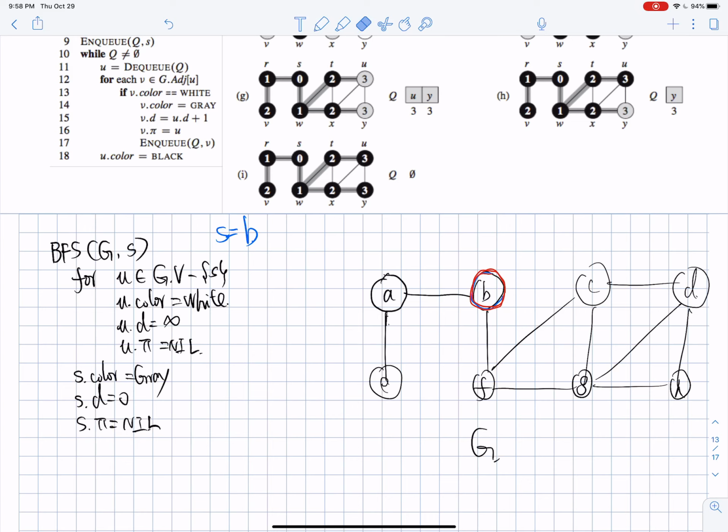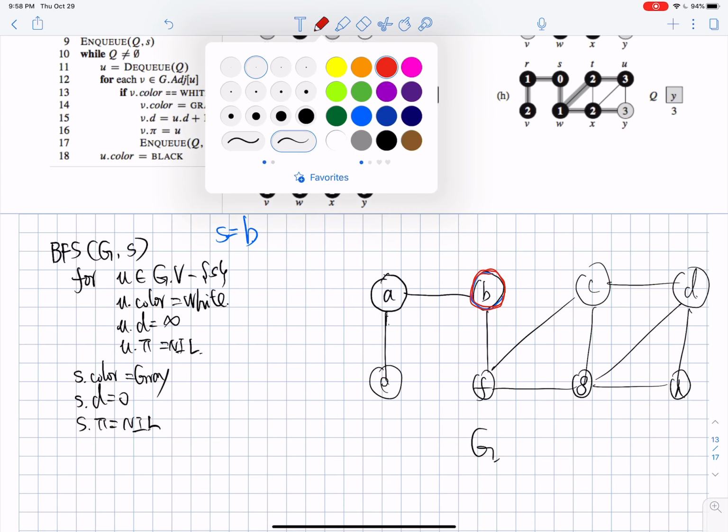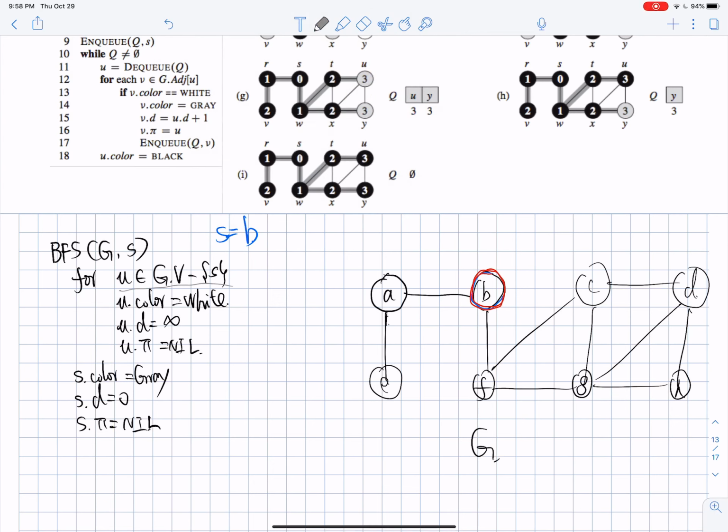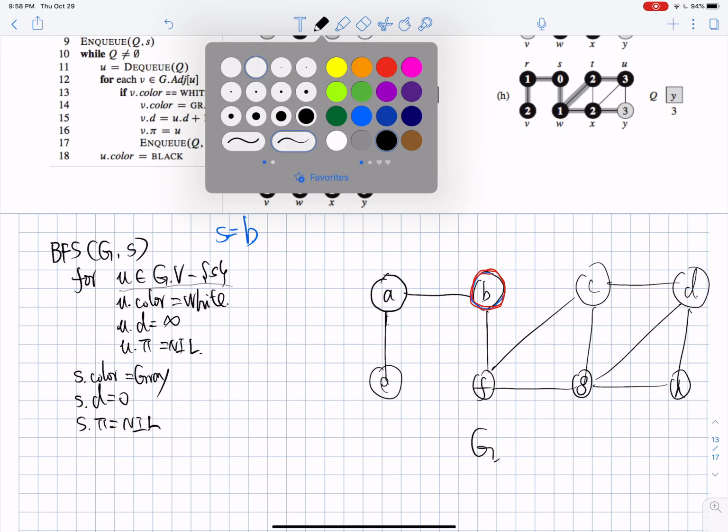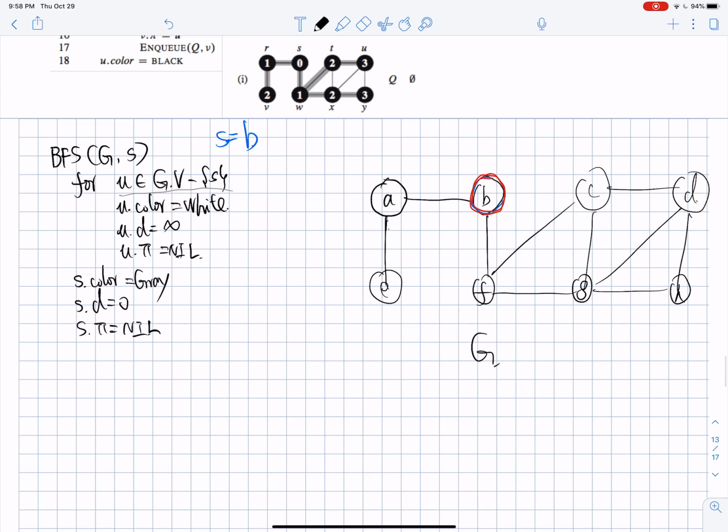So first, let's look at the first line. For each U that is inside the graph, but excluding the source node S. Let me explain this one at a relatively slow speed. G dot V means the set of nodes in the graph.